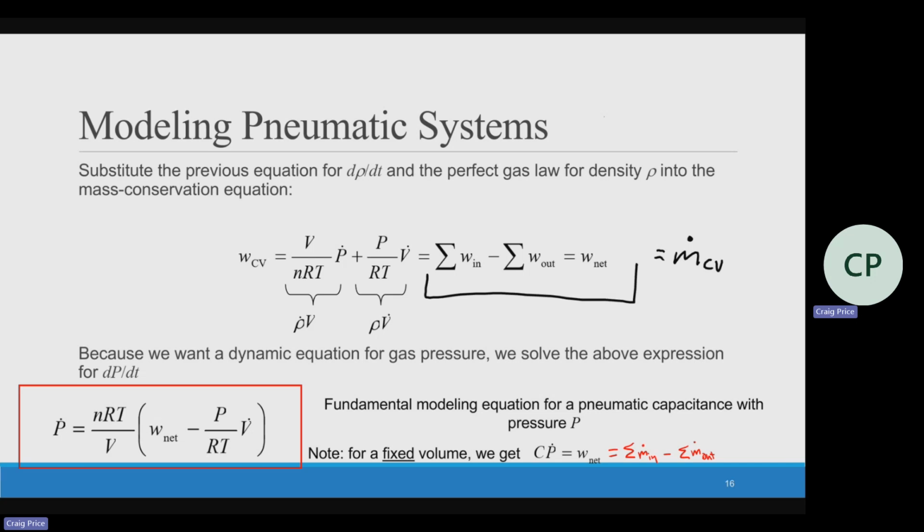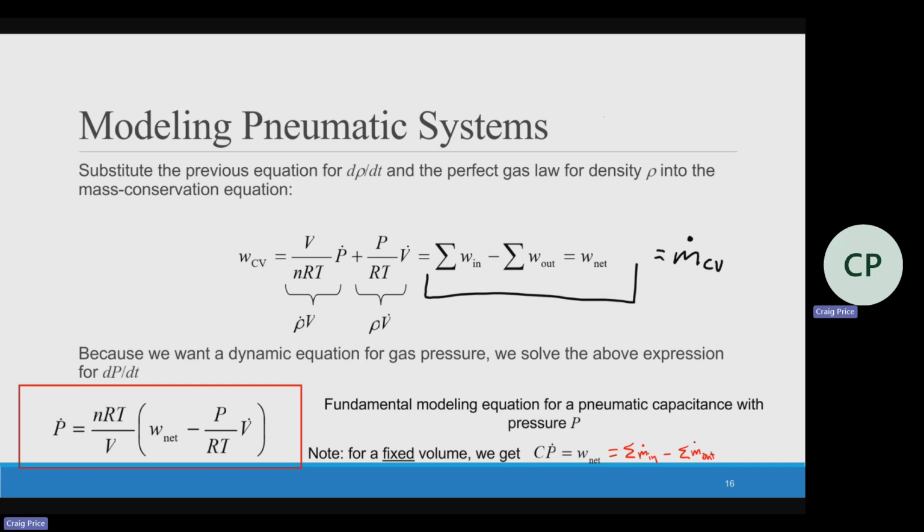And then if I have a changing volume, I've got to include that here. So if I have something just like the hydraulic cylinder we looked at, a pneumatic cylinder that could also expand, that gives us that equation right there. And it looks pretty similar. So we've got inputs, outputs, change in volume that can change our pressure.